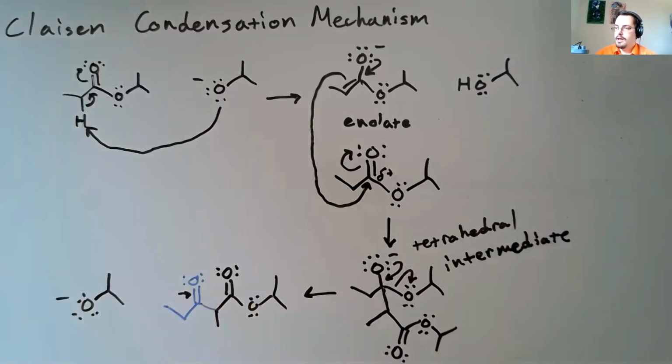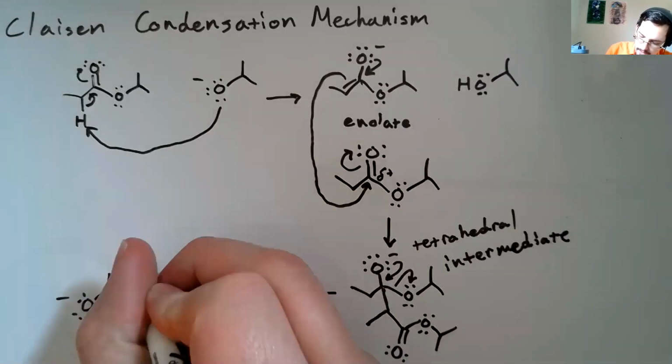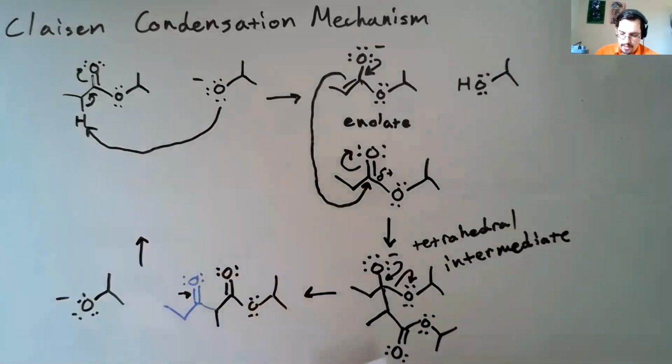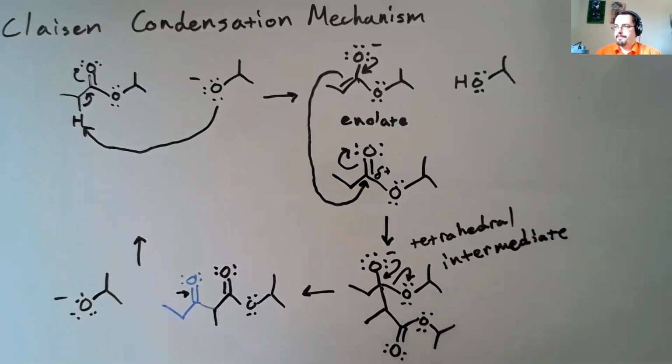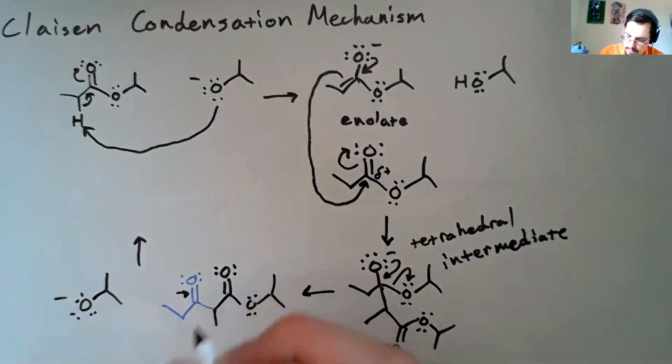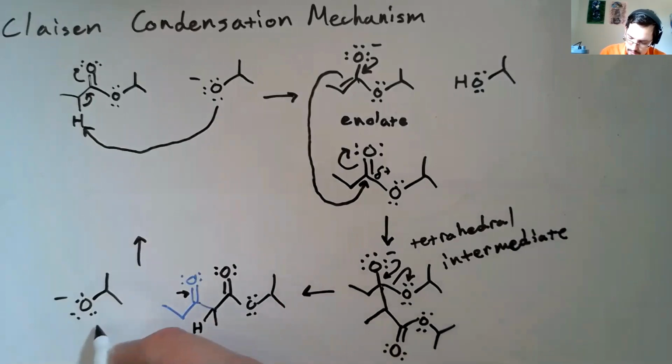Now at this point, all of these steps are reversible. So we could push the reaction backwards in order to get our original reactants. In order to push this to our final products and make sure that we don't just reverse the reaction, we're going to use our ethoxide rather to deprotonate the product here.